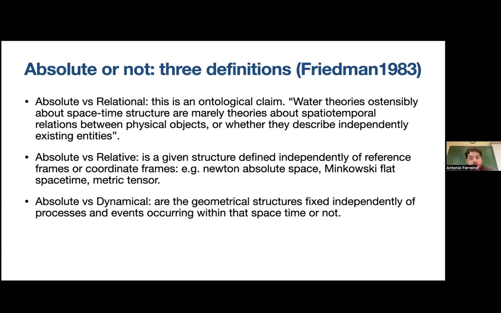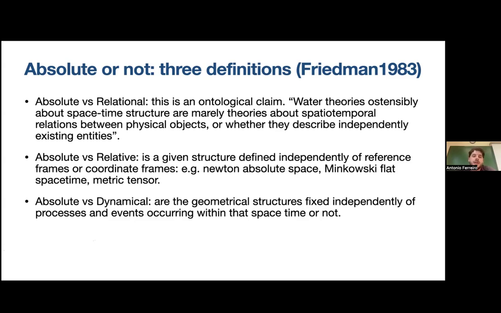But then maybe we are more interested in these two other ones because they affect more the physical theories. So we have absolute versus relative. It says whether a given structure is defined independently of reference frames or coordinate frames or not. So if it's absolute, then we can define it in coordinate independent ways, and if it's relative, then it's not.